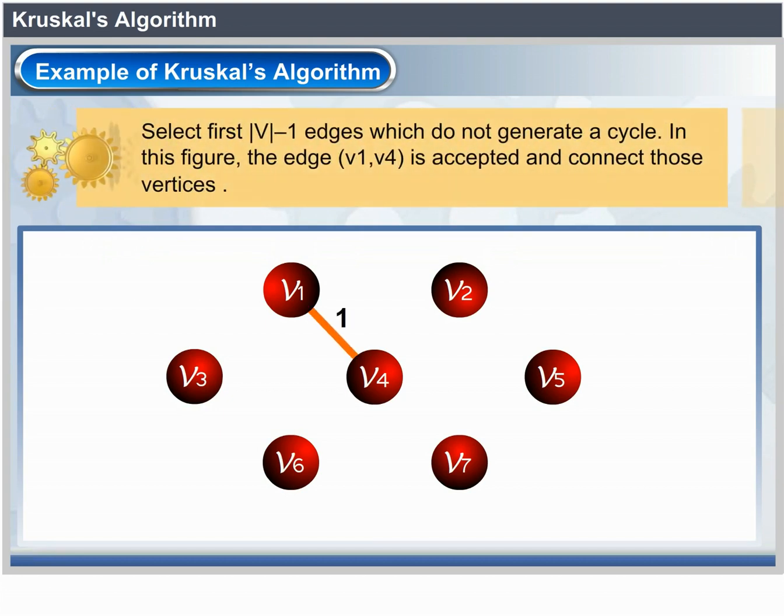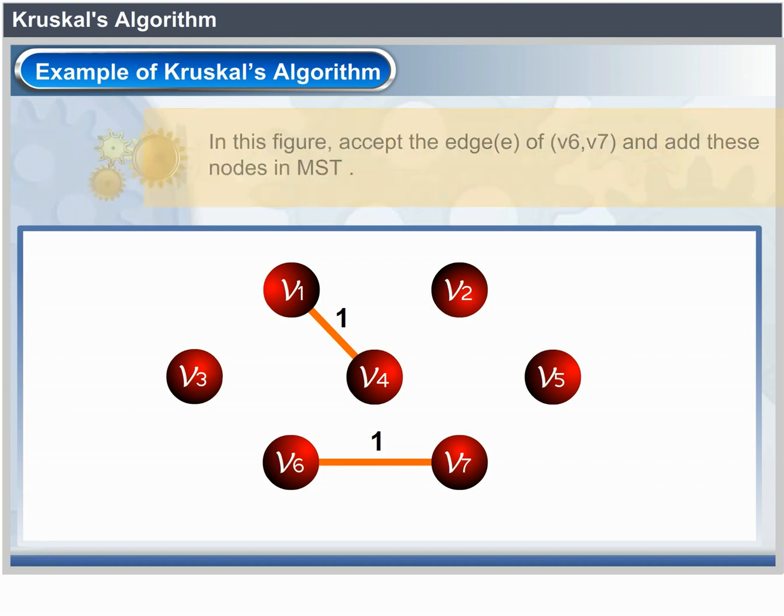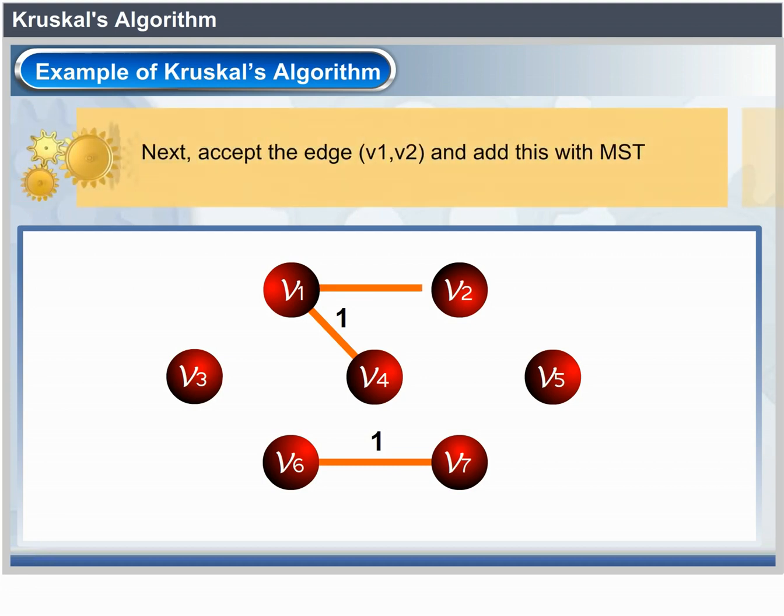In this figure, the edge v1, v4 is accepted and connects those vertices. Then next, accept the edge v6, v7 and add these nodes in the minimum spanning tree. Then accept the edge v1, v2 and add it to the minimum spanning tree.